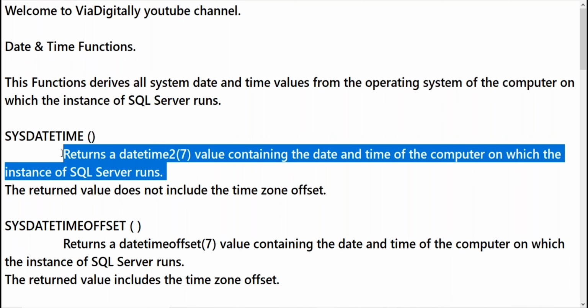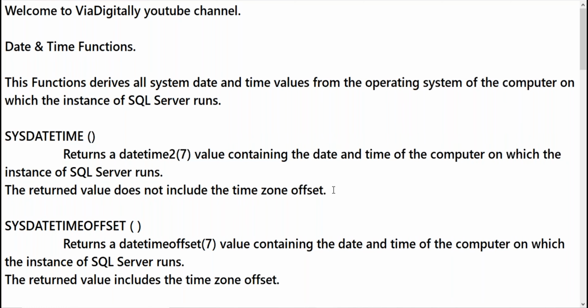The return value does not include the time zone offset. Time zone means plus 5:30, plus 16, plus 17, plus 18. Each country has its own time zone, so the time zone will not be displayed in the system date. SYSDATETIMEOFFSET is the same, but it returns the time zone offset.